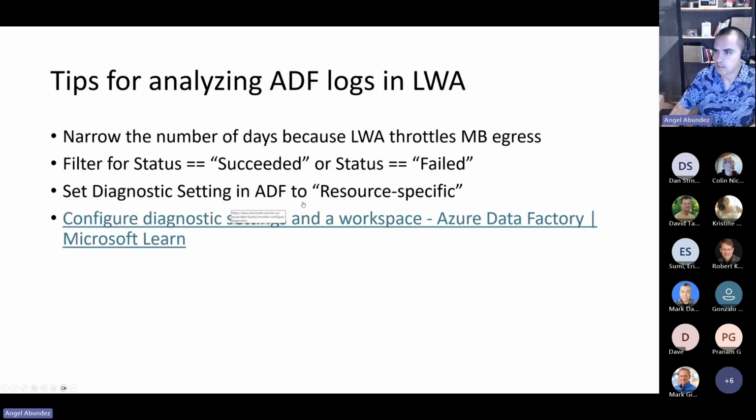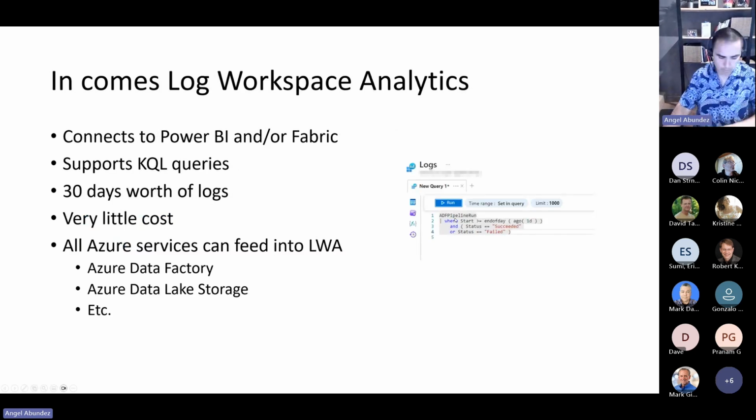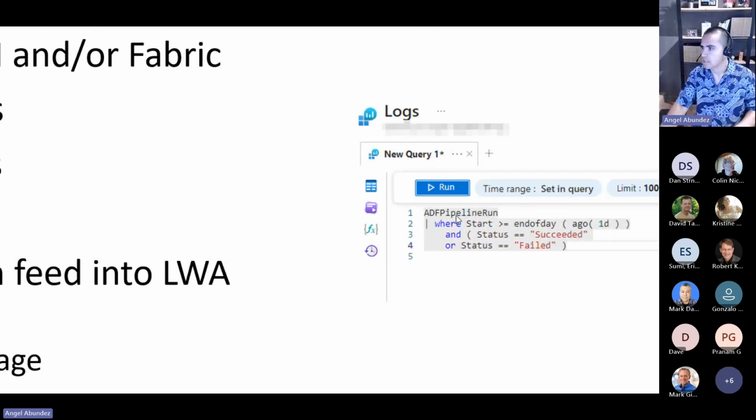Also, in the diagnostic settings in Azure Data Factory, you have to change a setting to resource specific so that you can get access to this ADF pipeline run table. And there's another good object called ADF activity run. If you're more familiar with Azure Data Factory, you build pipelines, but within the pipelines you can have multiple activities.